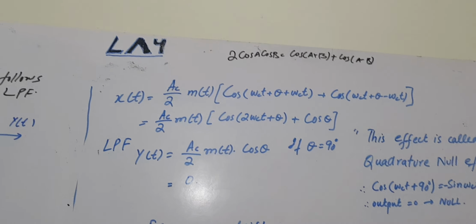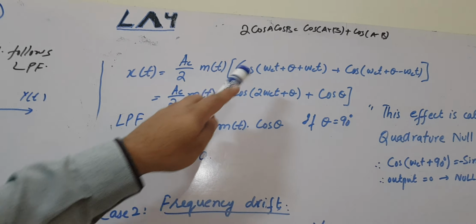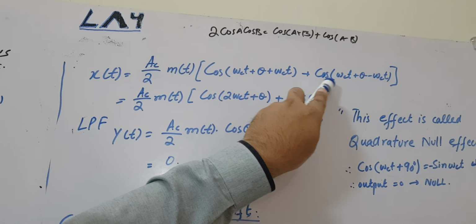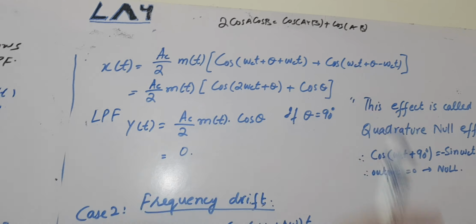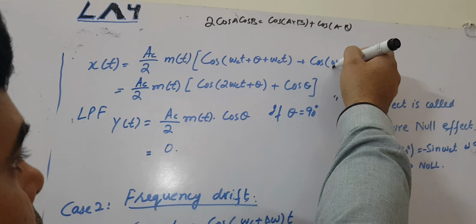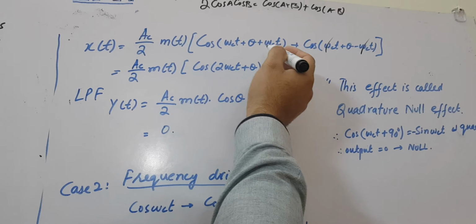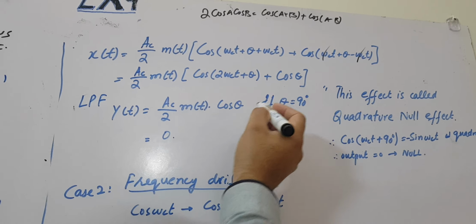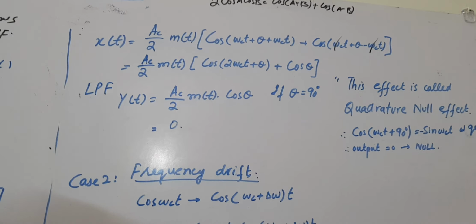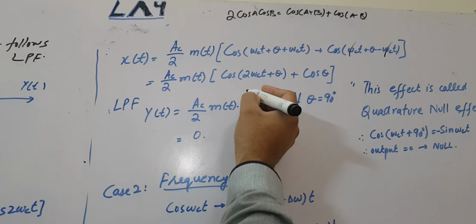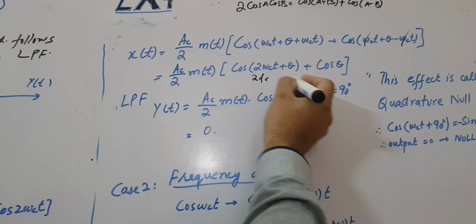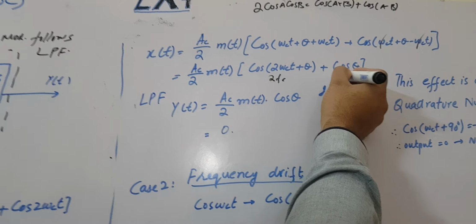We can use this formula here: cos(A plus B) and cos(A minus B). We get a term with 2ωct plus θ, and the remaining term is cos θ. The frequency of the first is 2fc and the frequency of the other is fm.